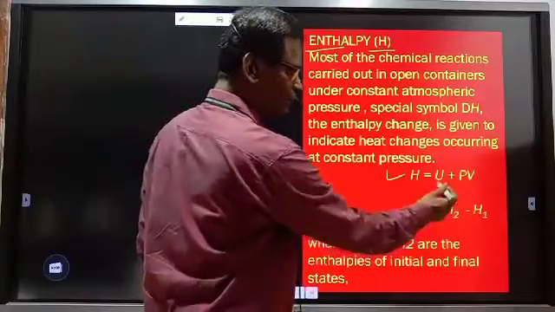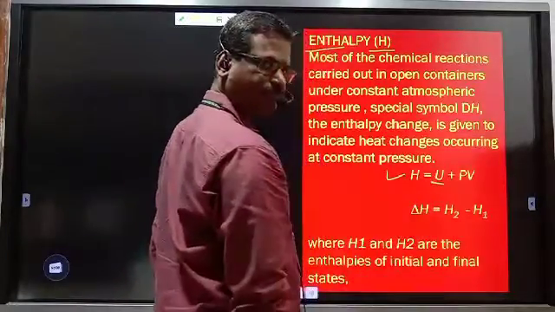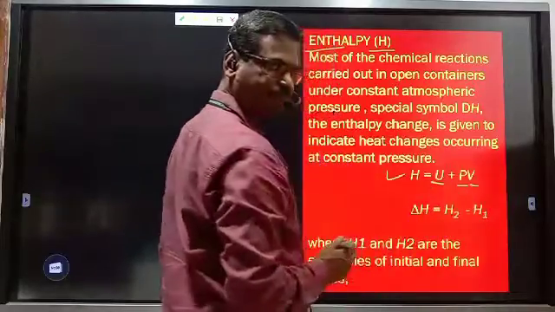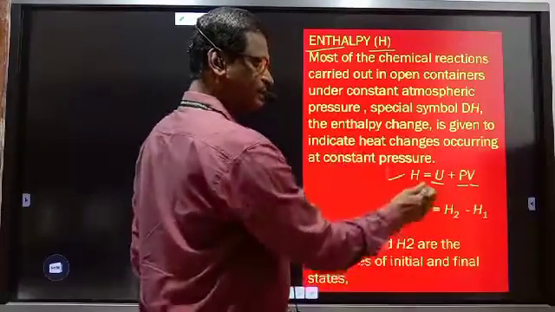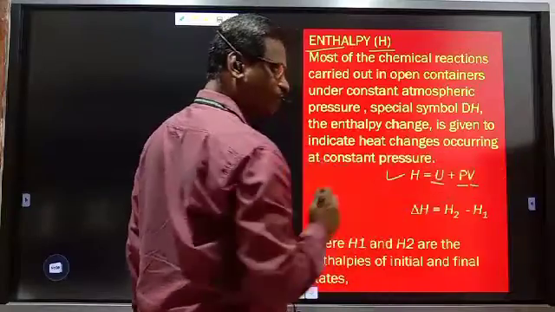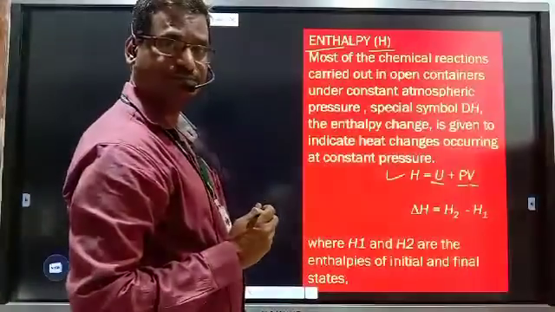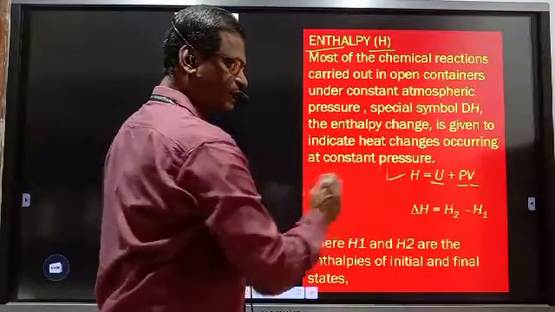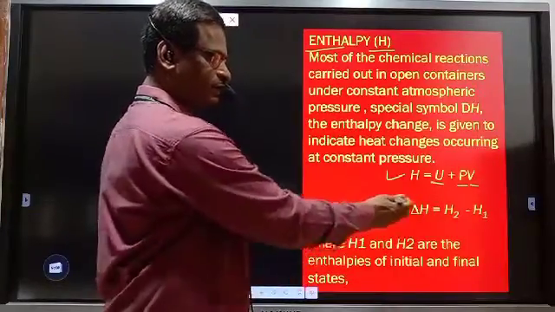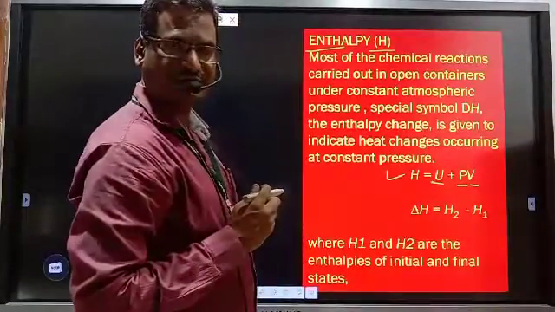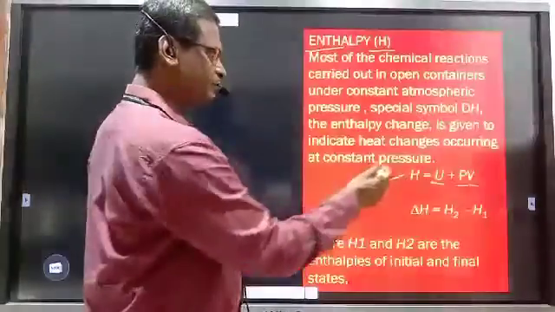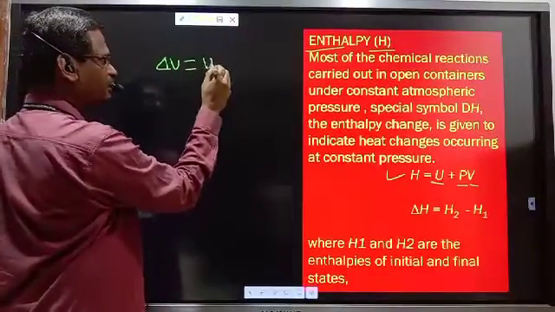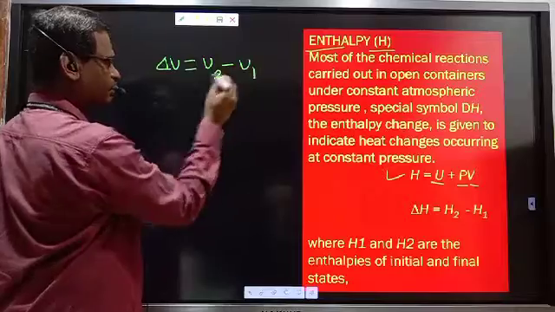Here we know U is the internal energy of the system, P is the pressure of the system, V is the volume of the system. Since internal energy, pressure and volume are state functions, therefore enthalpy H is also a state function and delta H is equal to H2 minus H1. We know how internal energy is calculated. Delta U is equal to U2 minus U1.